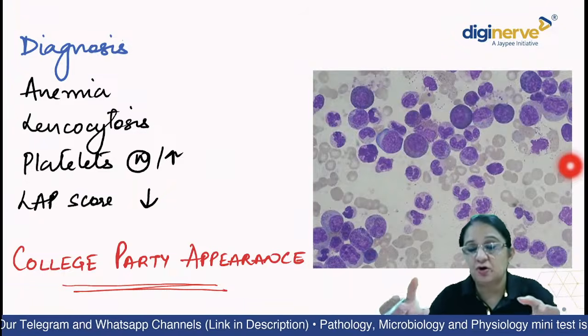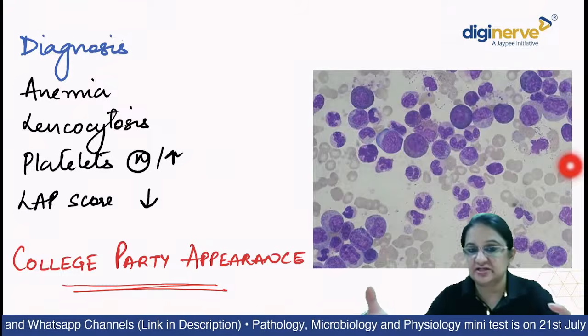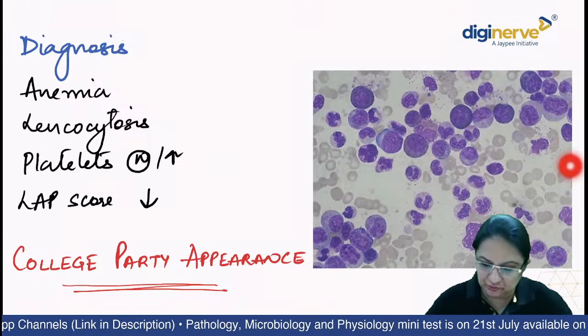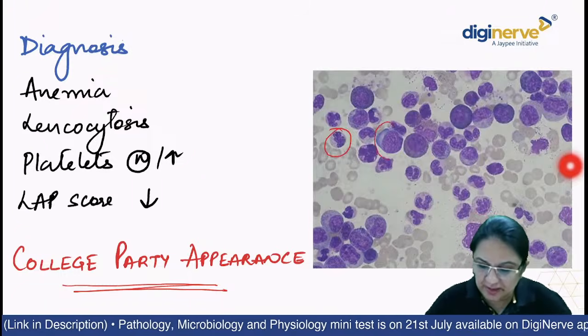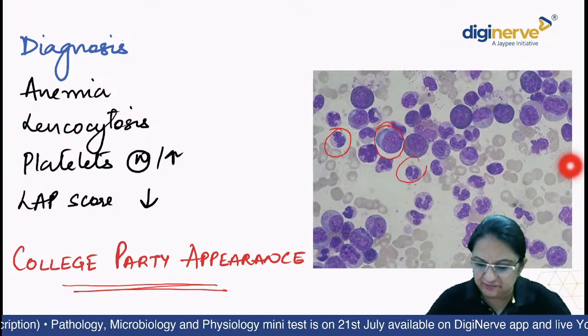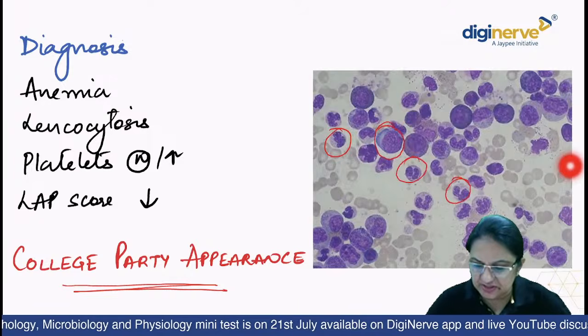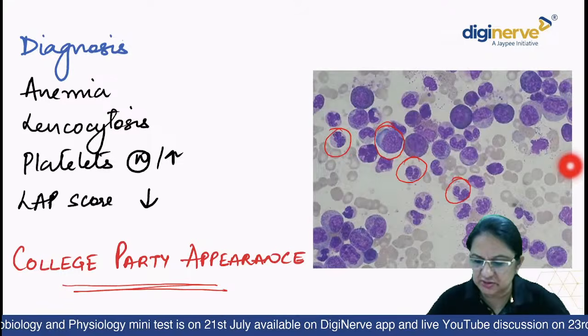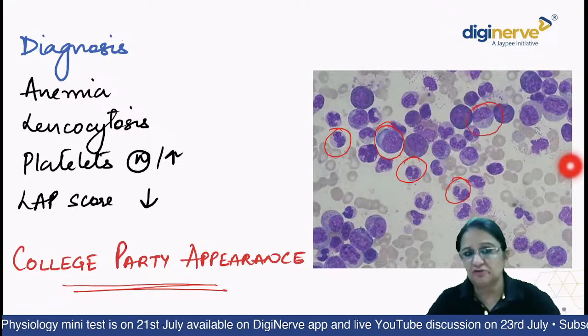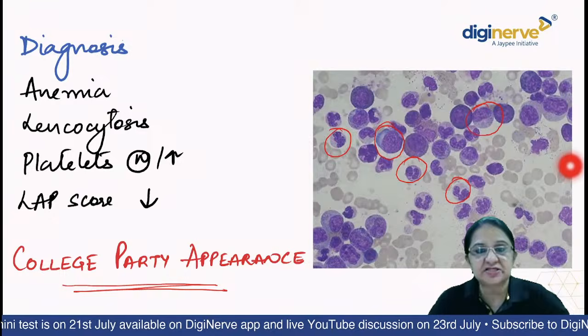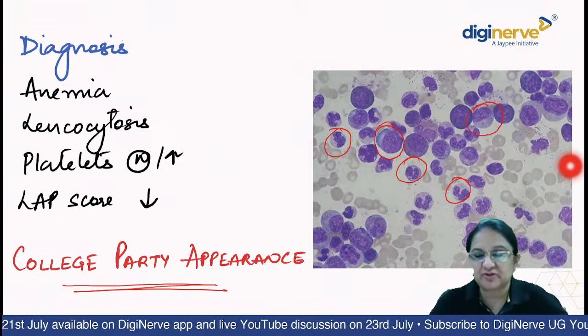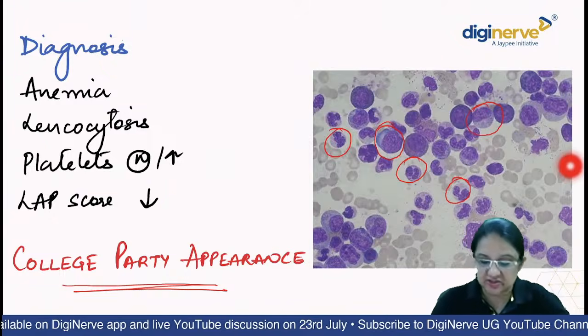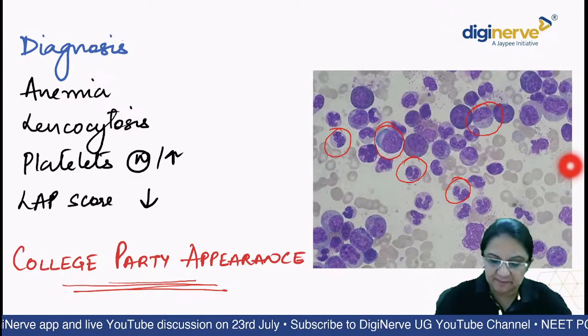Here also all the myeloid cells look different. You can see neutrophils, promyelocytes, band forms, mature neutrophils, metamyelocytes, all forms of precursors in the myeloid lineage. So different appearances. That is your college party appearance, right?